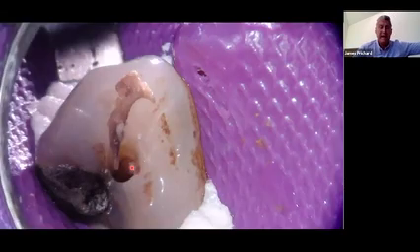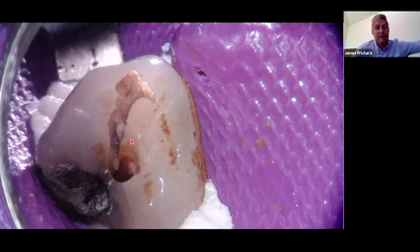So here is a clinical case, a typical example, an upper canine, and we've accessed, and during the shaping and cleaning process, this is the residual pulp stump that came out. Now, the tooth was symptomatic with apical periodontitis, obviously testing negative to sensibility testing.